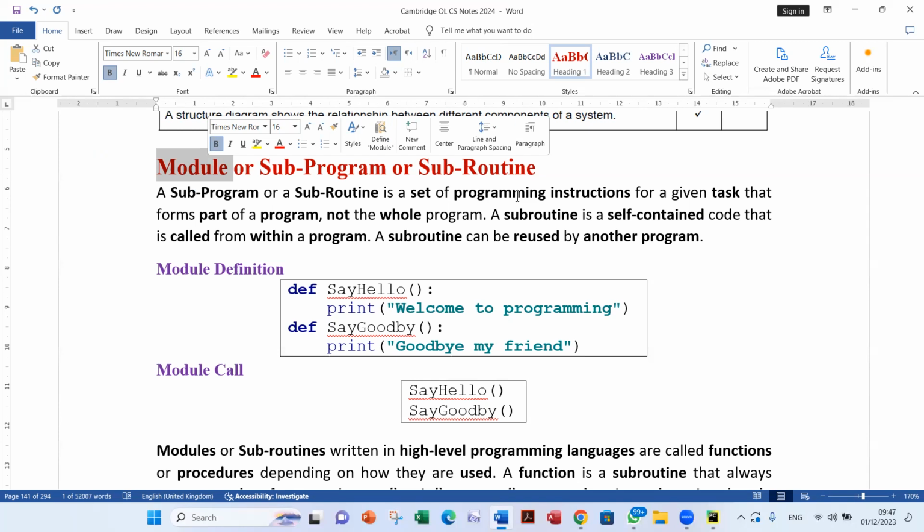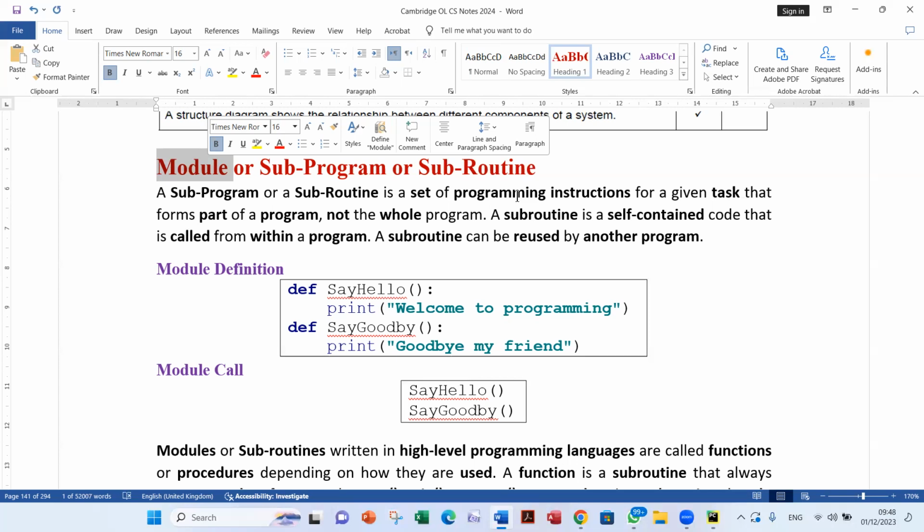I may emphasize later what is meant by being self-contained. That is called, being called. I will show right now. I am writing this code to tell you how a subprogram needs to be called within the program. A subroutine can be reused by another program. Okay, this is a benefit. You can reuse subprograms in other programs.